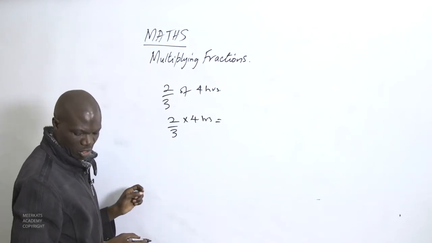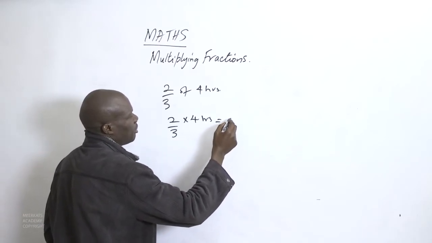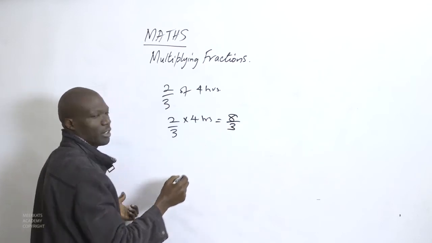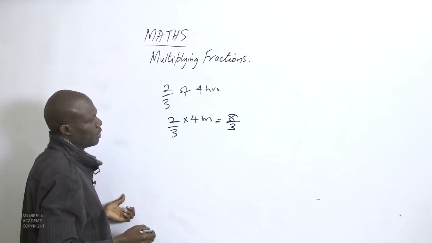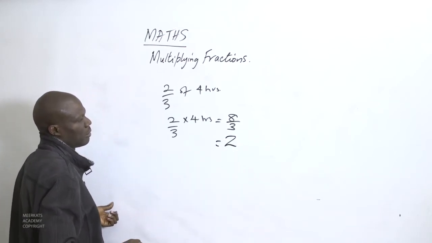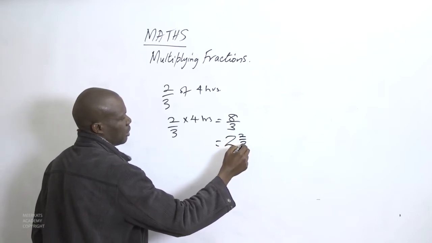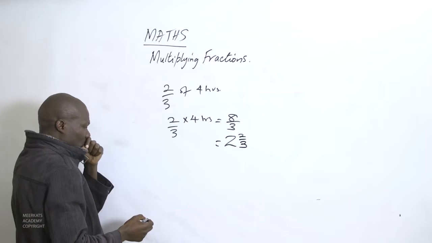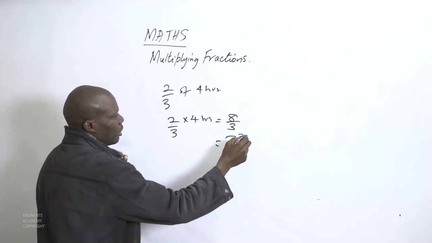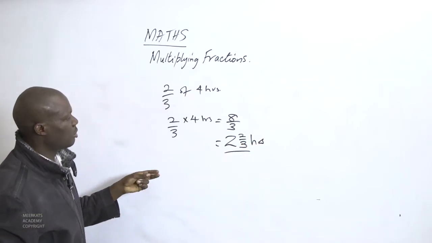And you should be able to get how many hours it is. When you multiply these across, you will get simply 8 over 3, which is equivalent to 2 hours and 2 over 3. So we have this in hours, but represented as a mixed numeral.